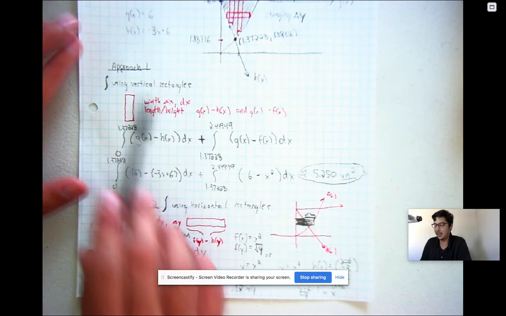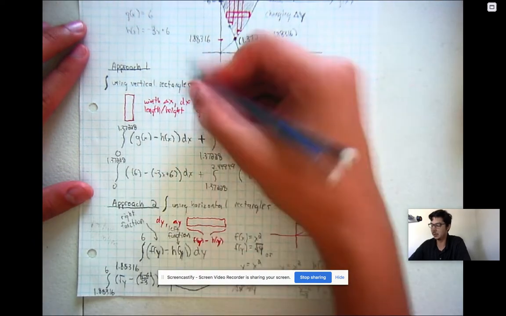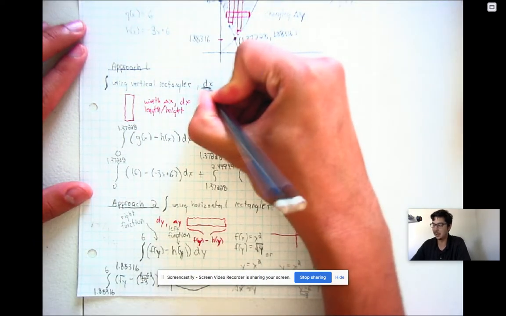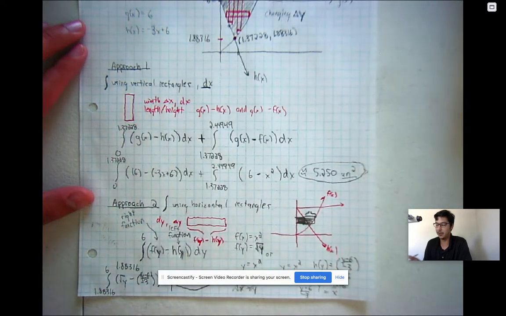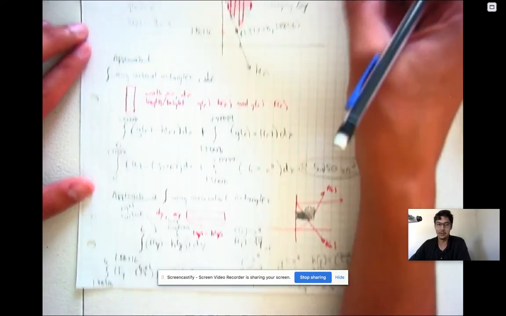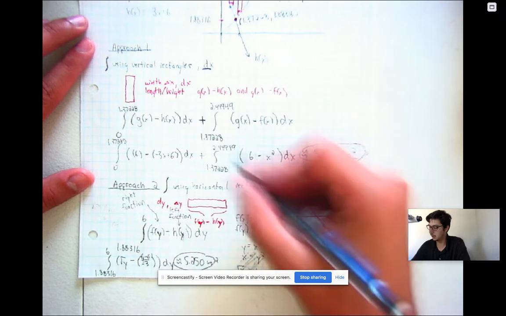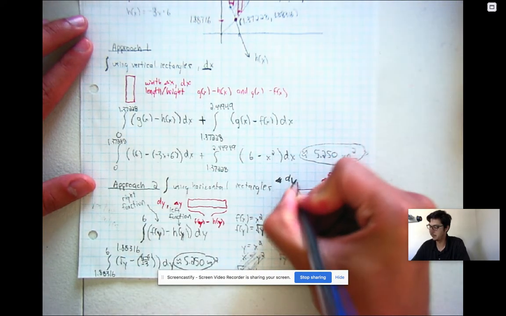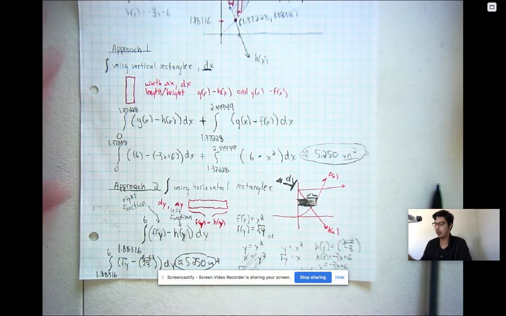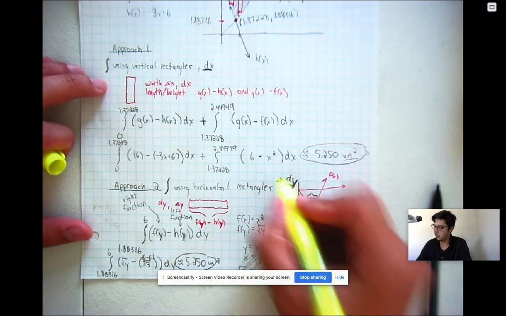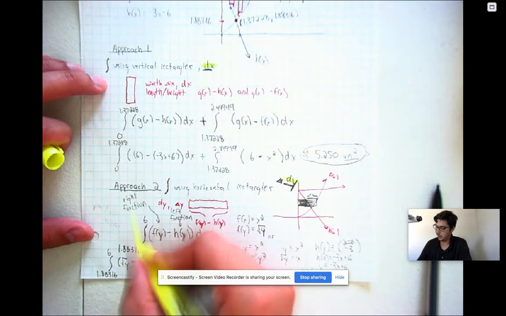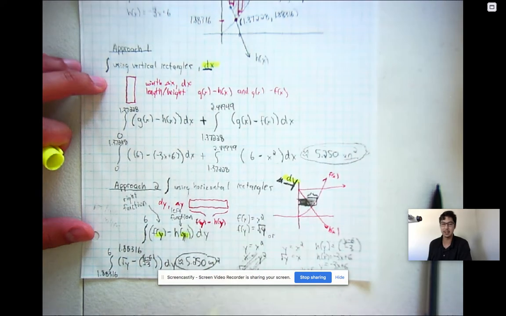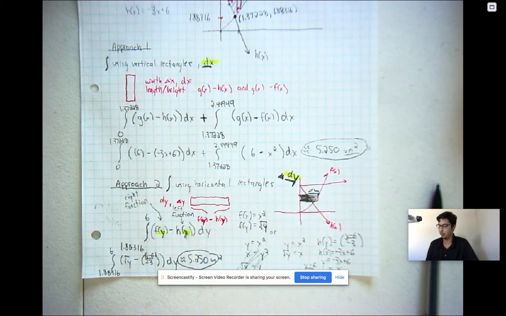You can either find the area using vertical rectangles, which are with respect to x, because that's changing left and right, or you can use horizontal rectangles, which will be with respect to y. So 2 different ways to think about it. Just be careful that if you do approach 2, you get the functions in terms of y. That's a mistake that most people make.